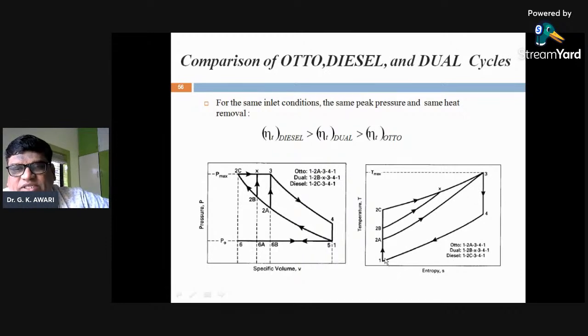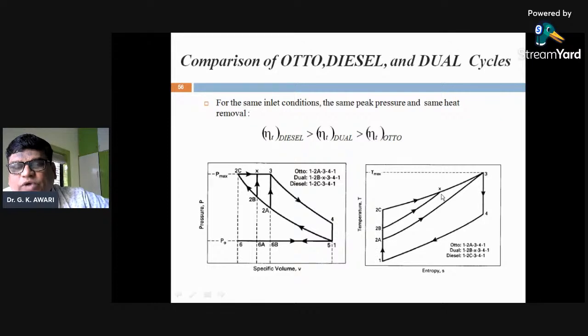For example, the Otto cycle is 1 to 2a, 2a to 3, 3 to 4 and 4 to 1. What about the dual fuel cycle? 1 to 2b, which means that for the heat addition there is a temperature difference between 2b and 2a. Temperature 2b is higher than that of 2a, even though it is a constant entropy process from 1 to 2b.